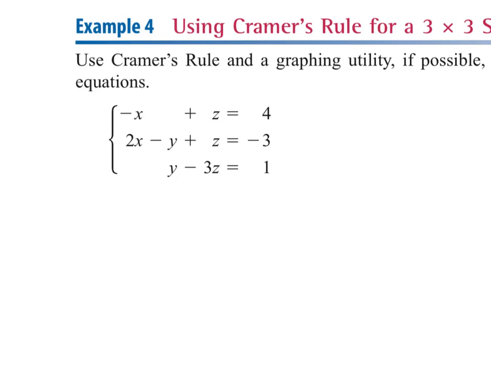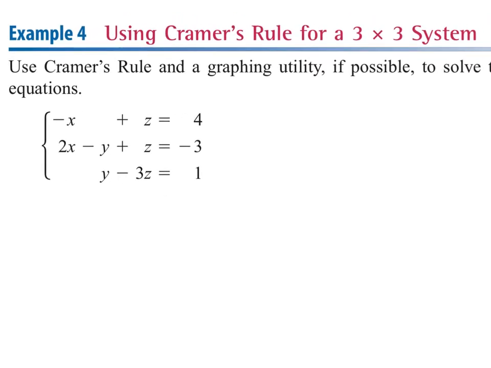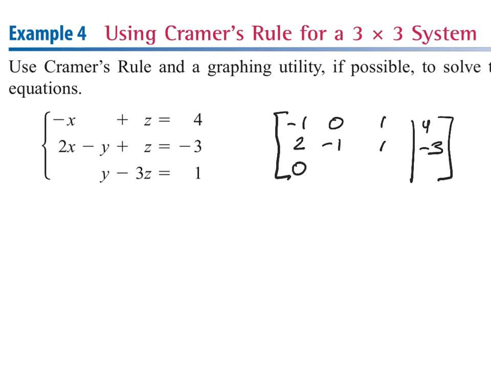First of all, let's write our augmented matrix. What's my x column? Negative 1, 0, 1, and 4, right? All right, what's my second row? 2, negative 1, 1, negative 3, okay, and then what? 0, 1, negative 3, 1.